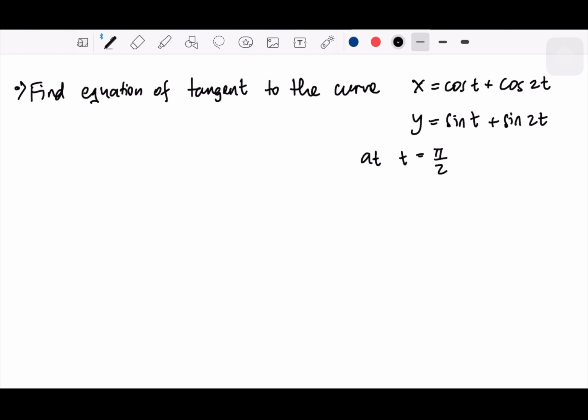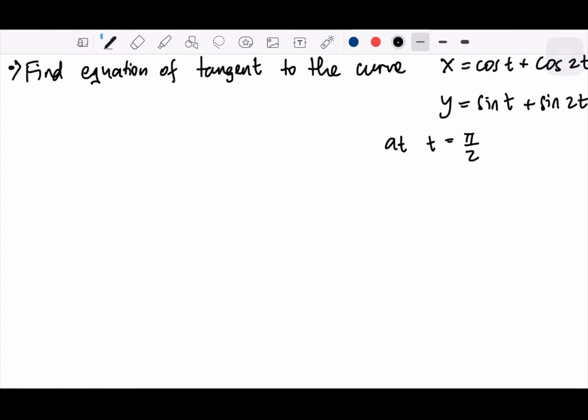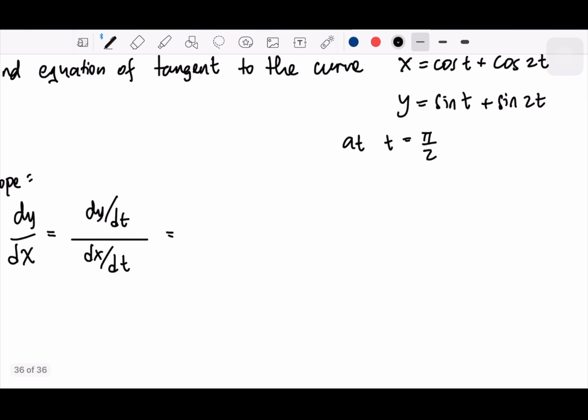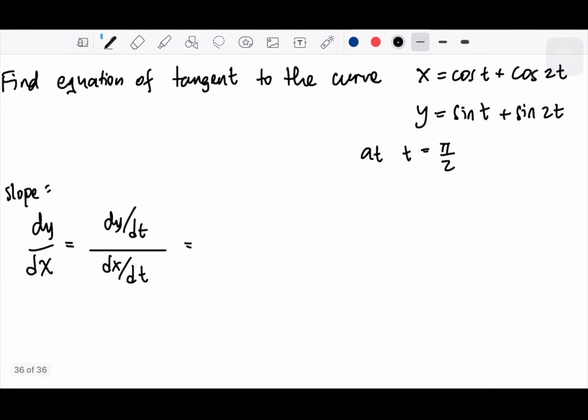Okay, I think you can directly get the answer, right? So writing dy over dx for the slope, the slope will be dy over dt over dx over dt. Based on the information we have, the numerator will be cosine t plus 2 cosine 2t, and the denominator will be minus sine t minus 2 sine 2t.